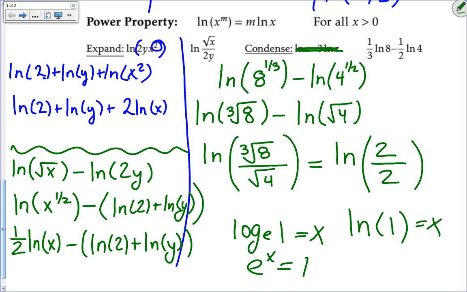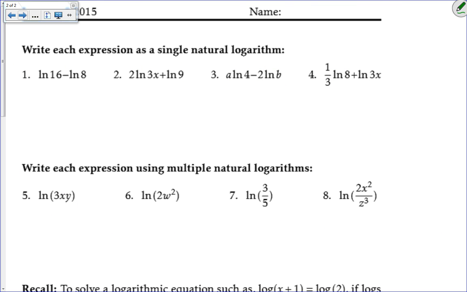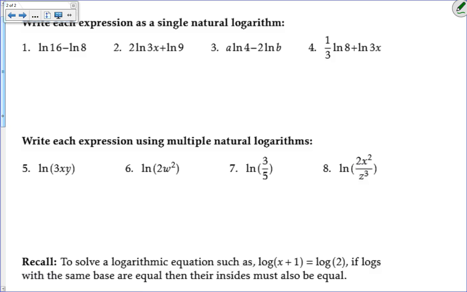Okay. So let's go to the next page here. At the top we want to write these as a single natural log, for 1 through 4. And number 5, we want to break those up.